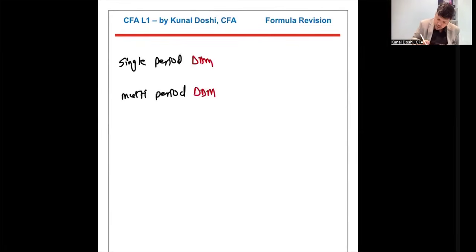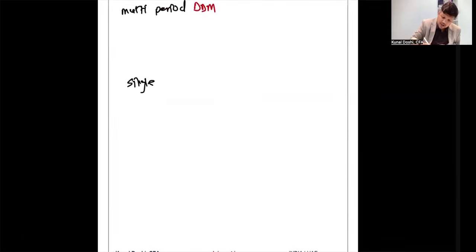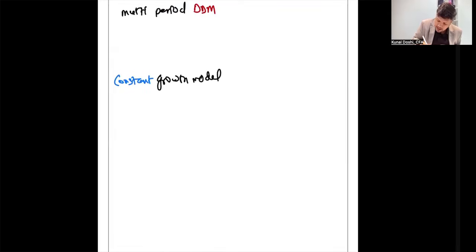Then I will introduce growth models. In that, I will say the constant growth model, and then the multi-stage growth model. You will see all of these formulas connected in a moment.